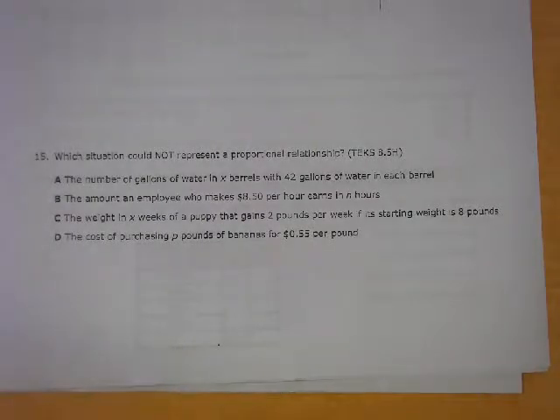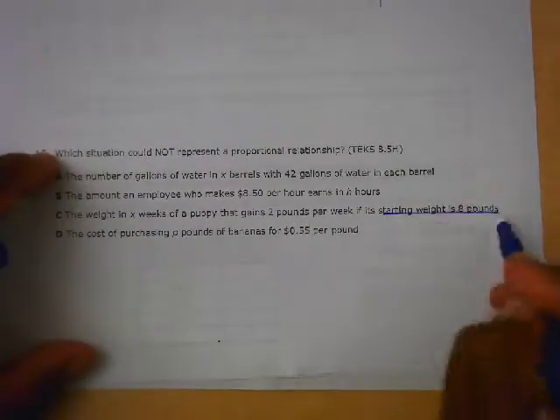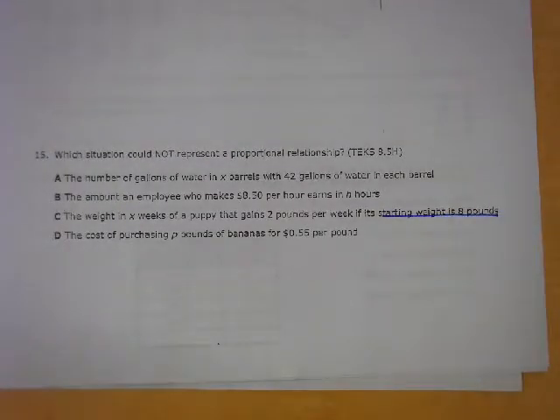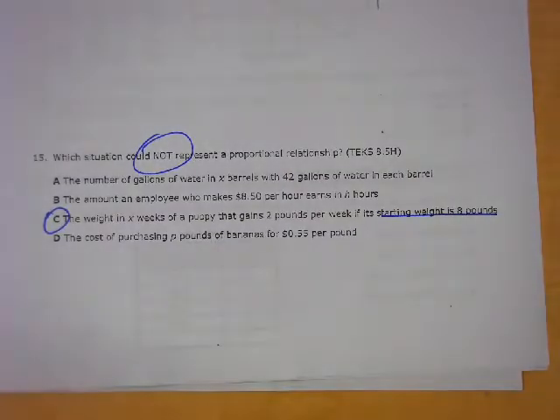It didn't say 850 per hour plus or 850 per hour minus something else. So that is proportional. C says the weight in X weeks of a puppy that gains 2 pounds per week, and it has a starting weight of 8 pounds, that means it does not start at 0. That means it is not proportional. So that's the correct answer.